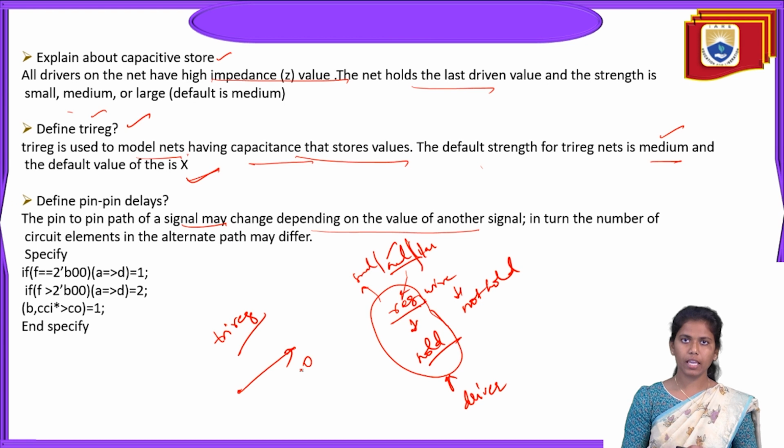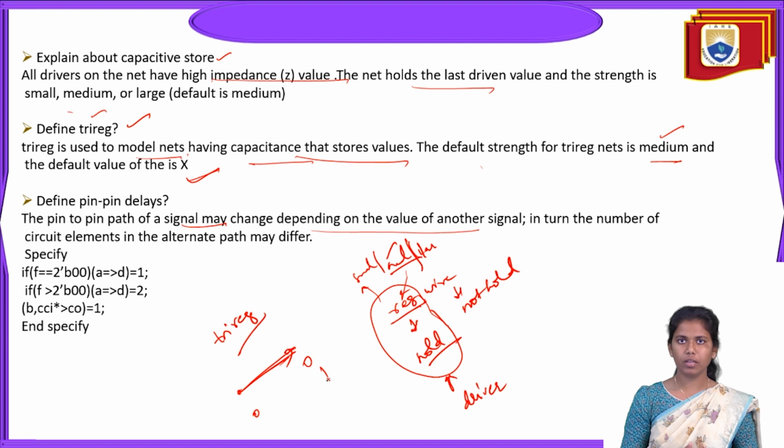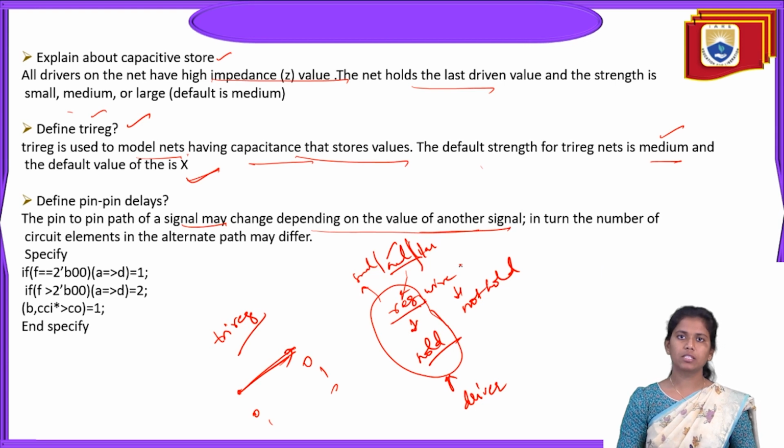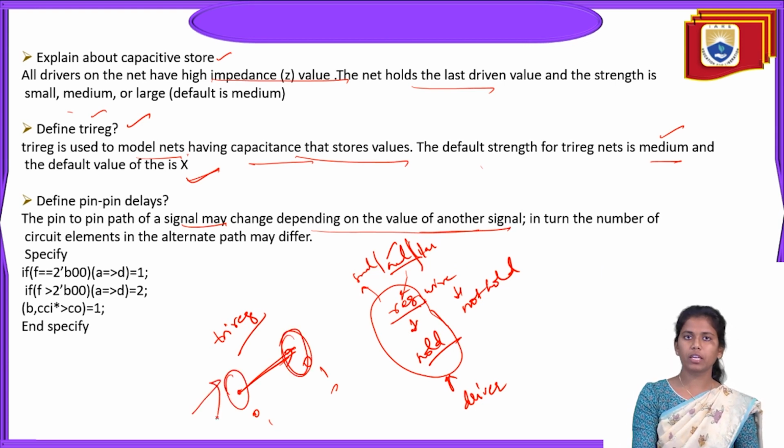But what we are saying is the value of the signal may change. As per this path, if it is observed as 1, it may be observed as 0, or if it is 1 or 0. So the signal may change depending upon the value of the other signal, and the input given to this particular pin can be changed.